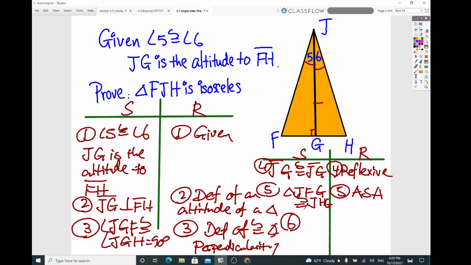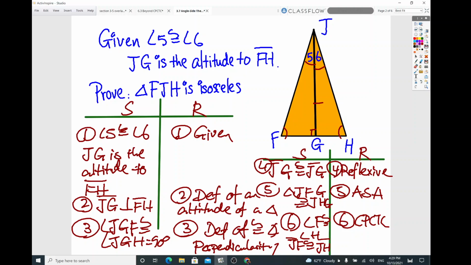And then the next thing that you want to state here is that angle F is congruent to angle H, by CPCTC. And also another thing that we can state here is that segment JF is congruent to segment JH. It's also by CPCTC.